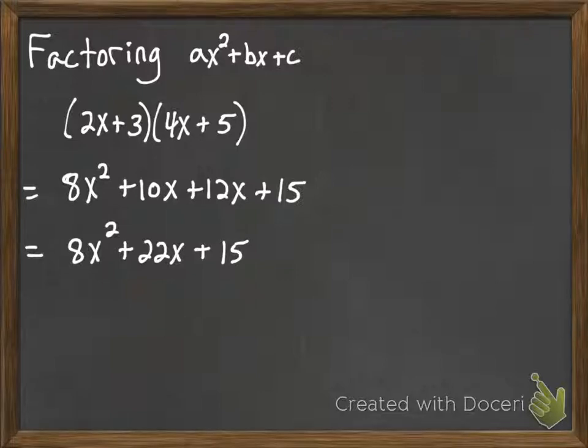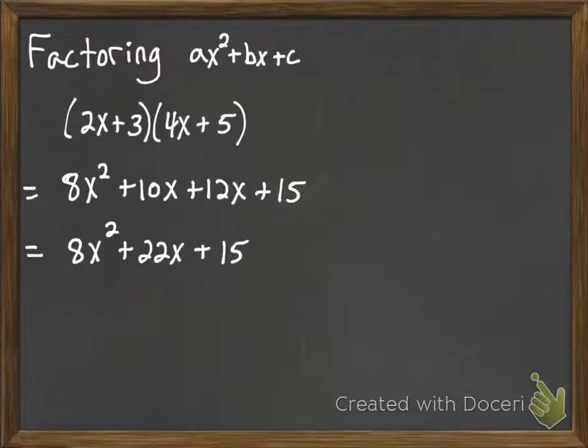Okay, and so we have 8x squared plus 22x plus 15. And now our task is, how can we start with something like 8x squared plus 22x plus 15, and then backtrack to get back to the original factors, 2x plus 3 and 4x plus 5.